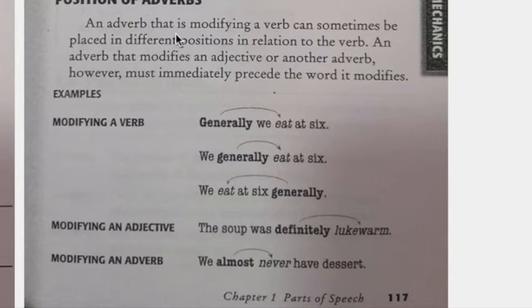You can start with generally, we eat at 6. Or you can also have, we generally eat at 6. Or we eat at 6 generally. So it could be placed in different positions.